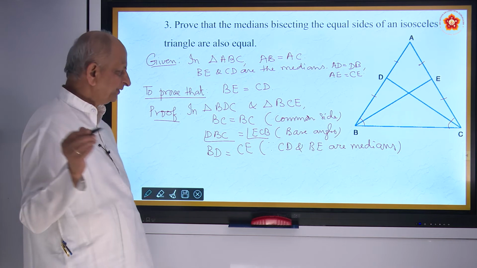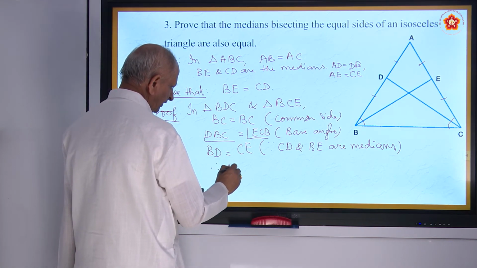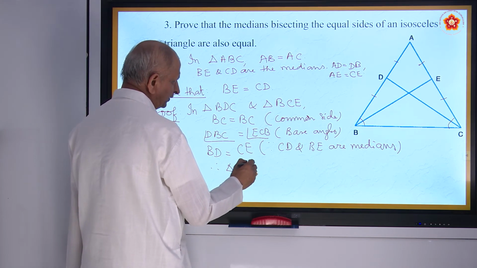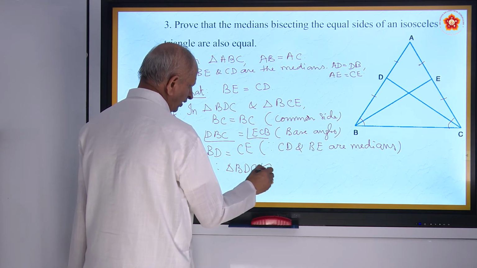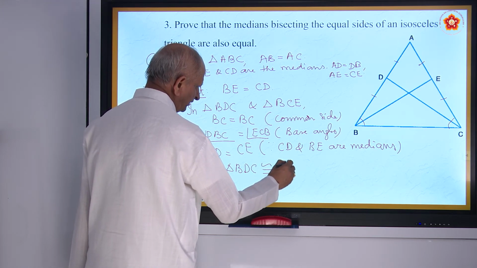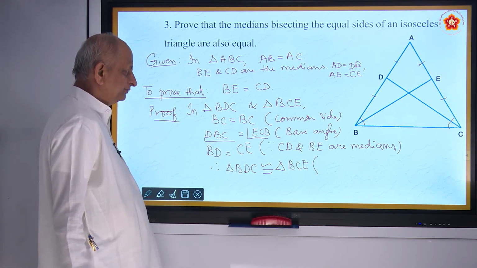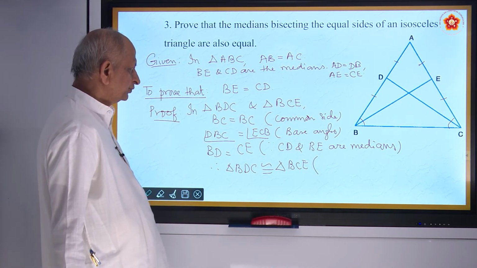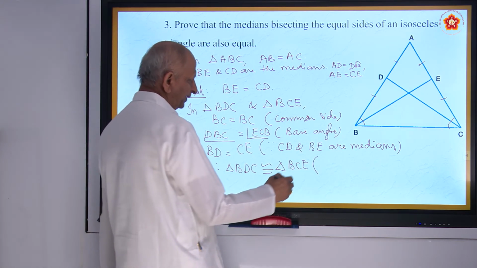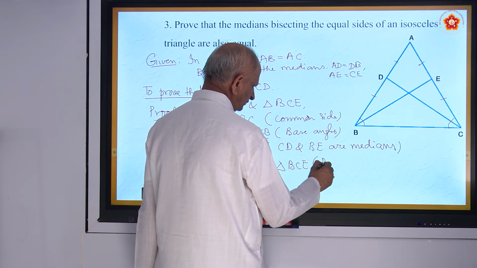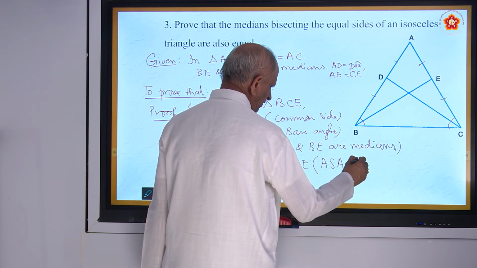They bisect the opposite sides. So you have triangle BDC congruent to triangle BCE. Which postulate can you take? So you have side angle side, by the ASA criteria.